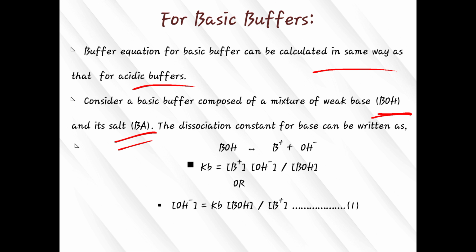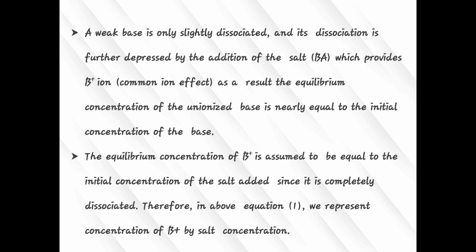BOH dissociates into B+ and OH−. Therefore, Kb, the dissociation constant of the weak base, equals the concentration of B+ times the concentration of OH− divided by the concentration of BOH, or the concentration of OH− equals Kb times the concentration of BOH divided by the concentration of B+. That is equation 1.